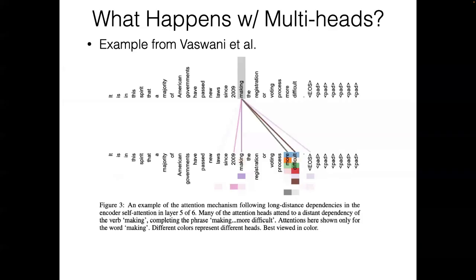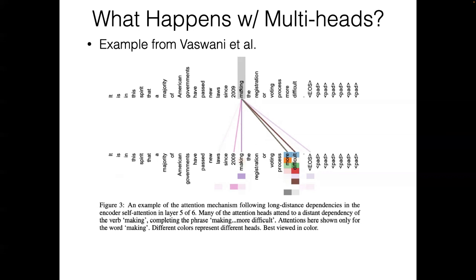Okay, so then assuming that we've implemented multi-head attention and trained a transformer, what are some examples of what this does? So here's an example from the transformer paper. And up here, they have the word making. And then they visualized different attention scores from different heads.